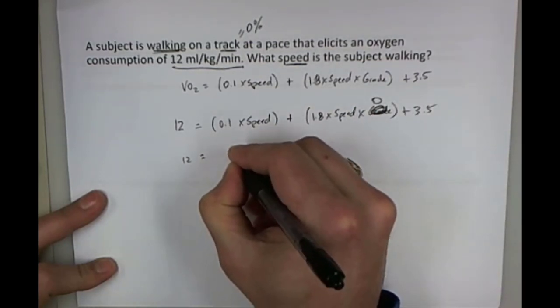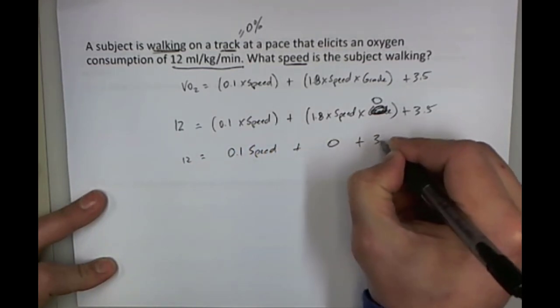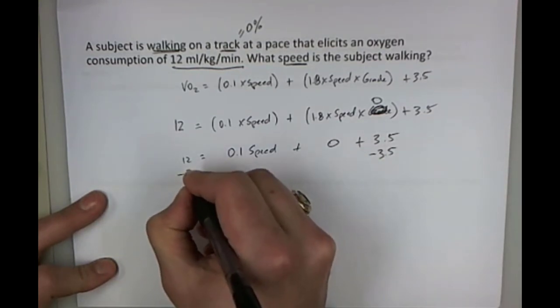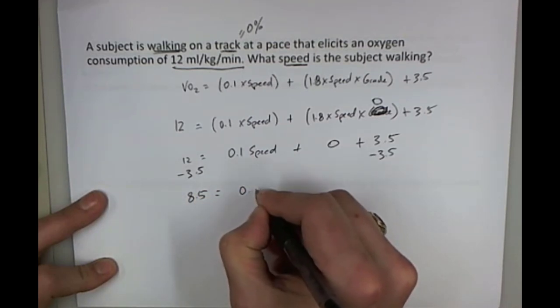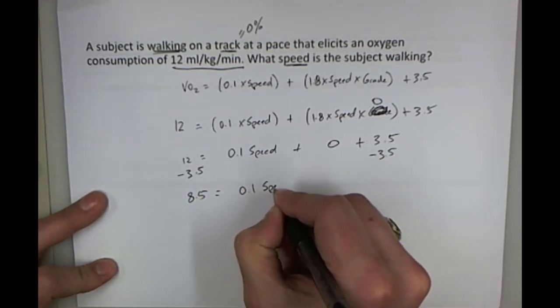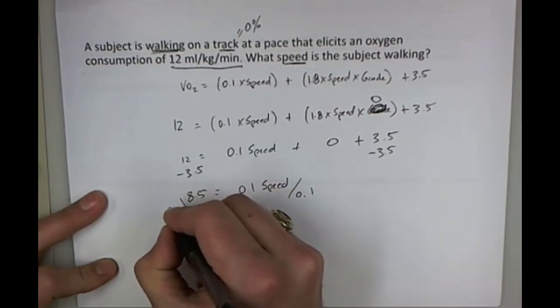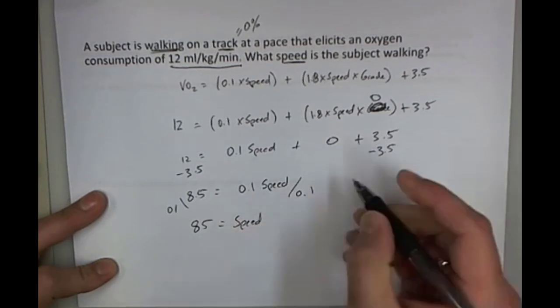Or 12 is equal to 0.1 speed plus 0 plus 3.5. Now we solve by subtracting 3.5 from both sides. 8.5 equals 0.1 times speed. Divide both sides by 0.1, which gives us 85 equals speed.